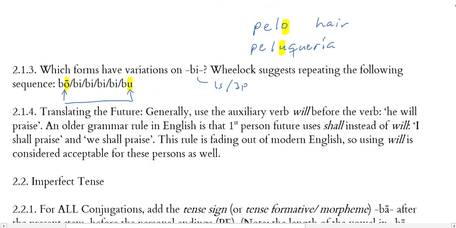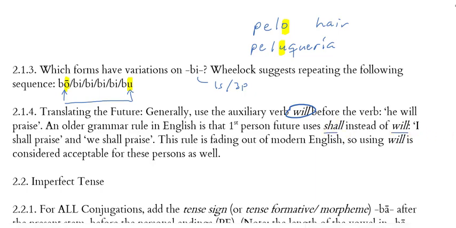All right. Now, how do we translate the future tense? Generally, use the auxiliary verb will before the English verb. He will praise. All right? He will praise. I will praise. Now, an older grammatical rule in English is that the first person, I or we, uses shall instead of will.